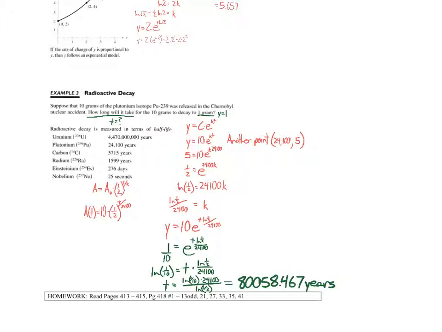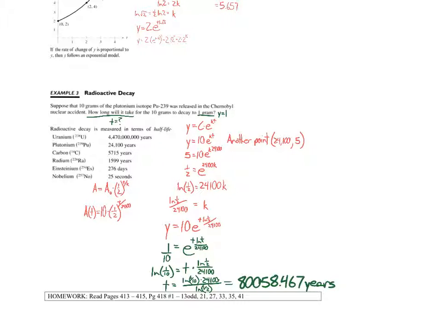Yeah. If it was not half-life and it was a different problem, like compounding interest, what other point would you use besides the starting amount to get your formula? Let's see here. You would have to know some other point.